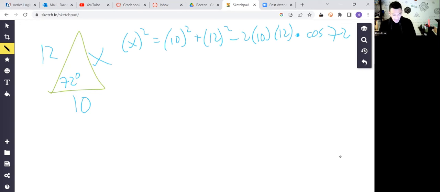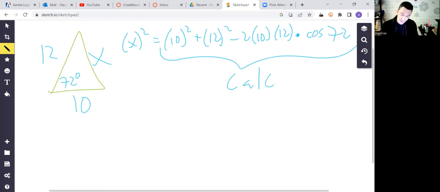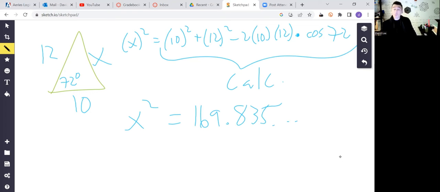Everything on the right-hand side is just a number. You can go calculator on all of it, and if you do, you get about 169.835 and some change. The whole right-hand side is a number. The left-hand side is x squared.